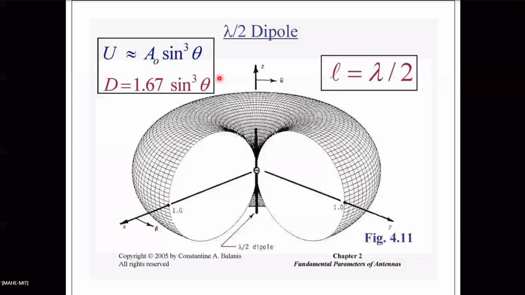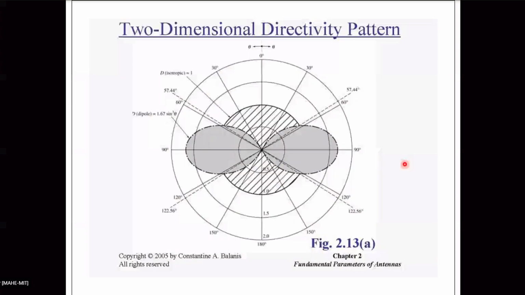If U is given, you know how to find D. You can find it using the formula 4 pi U by U period. So this is not important.